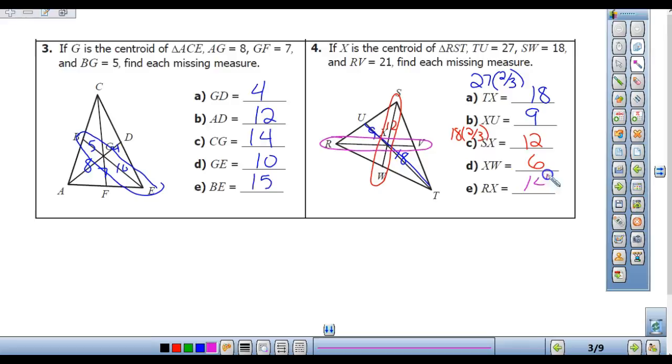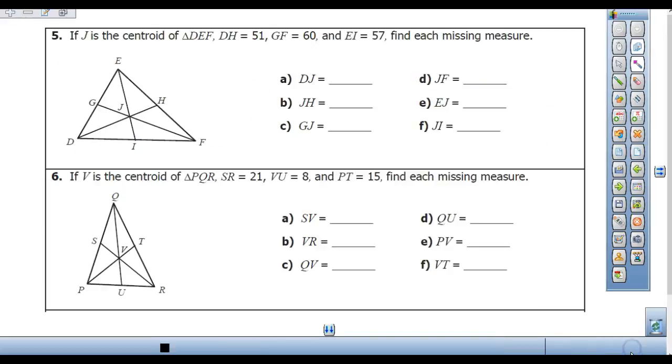That, yep. So 14. Do we do one more like that? I think we need to. Alright, so it tells us DH is 51.